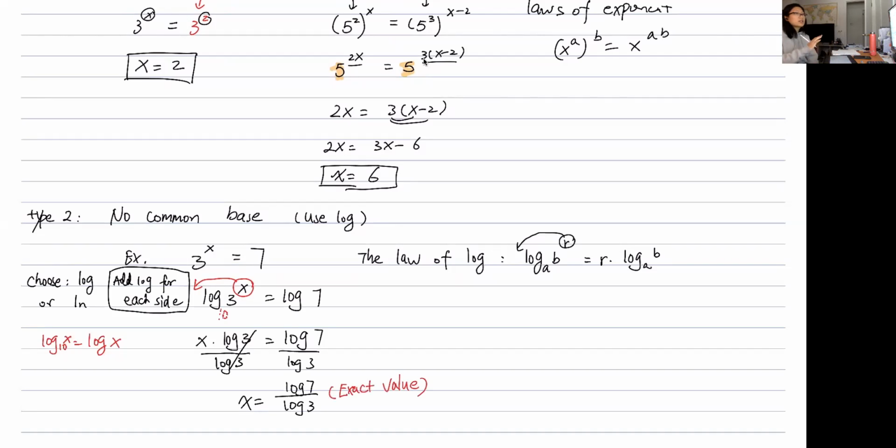You're not going to use your calculator for the exact value, but if they ask for the approximation, this is where we're going to use our calculator. Let me just grab my calculator.